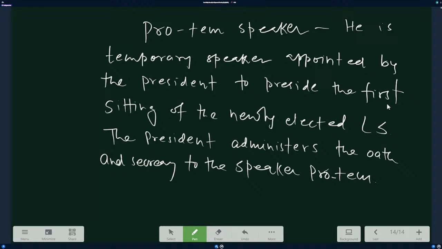The President administers the oath and secrecy to the Speaker pro tem. The Speaker pro tem administers the oath to the new members of the House, and he also enables the House to elect its Speaker. And when the Speaker is elected, the office of the Speaker pro tem ceases to exist.